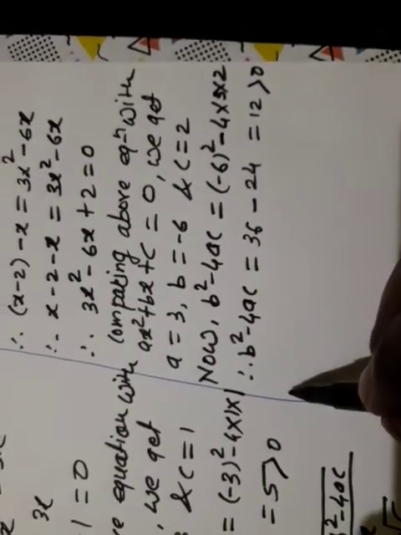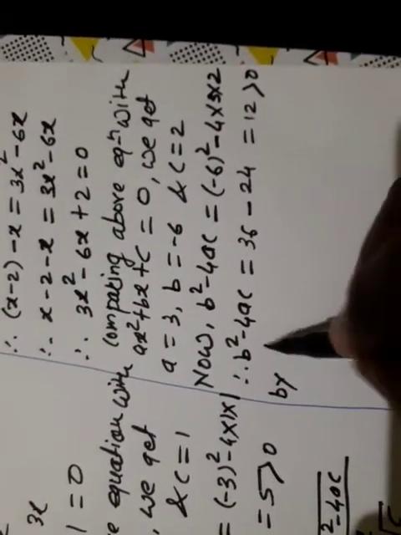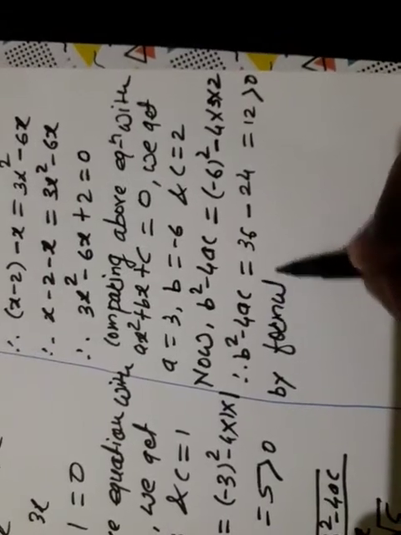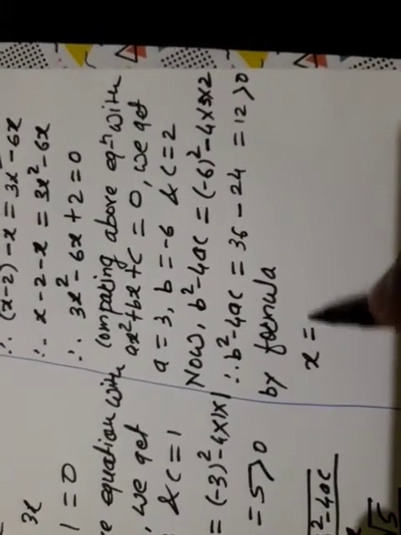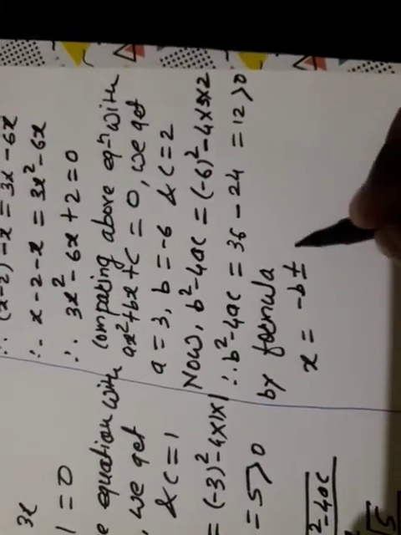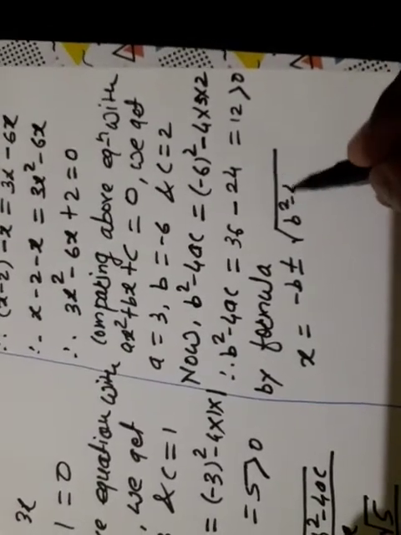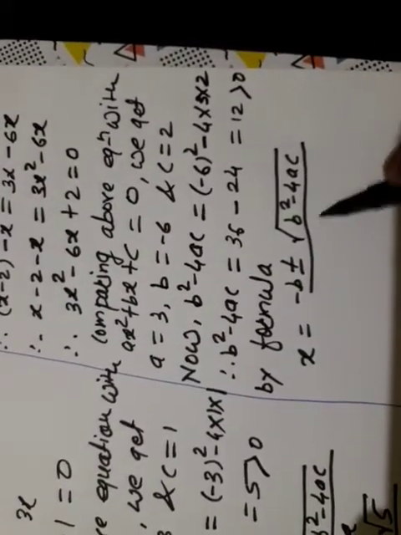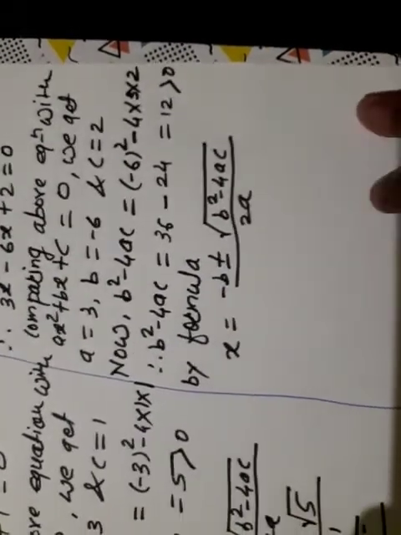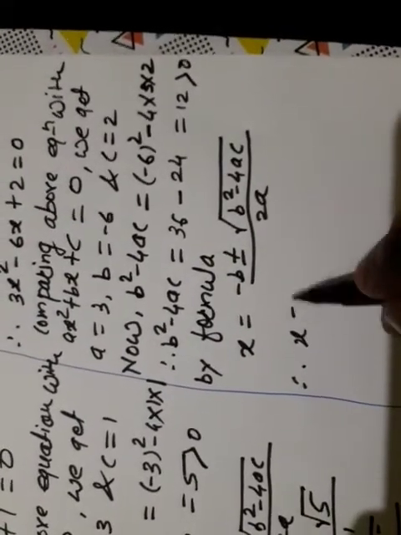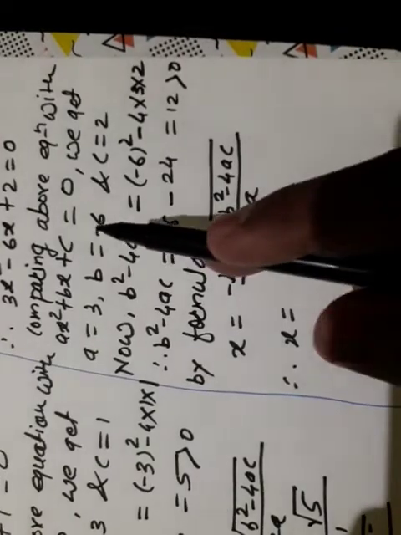We will start now by formula. What is the formula? x is equal to minus b plus or minus the square root of b square minus 4ac, divided by 2a. Put values: x is equal to minus b. What is the value of b?